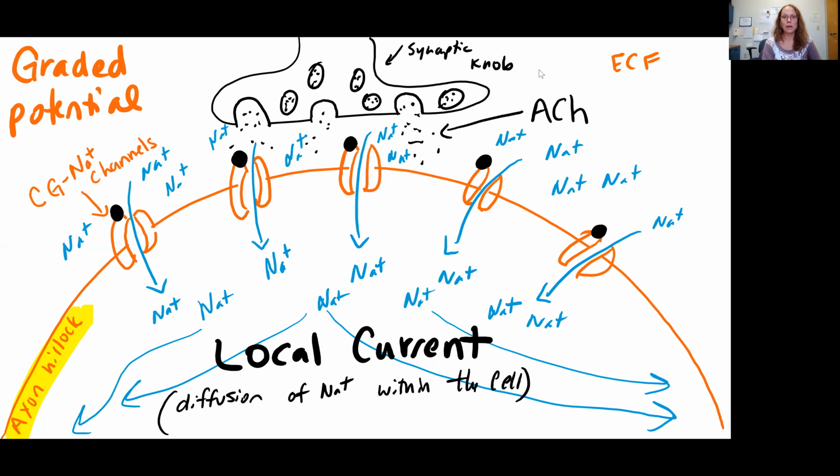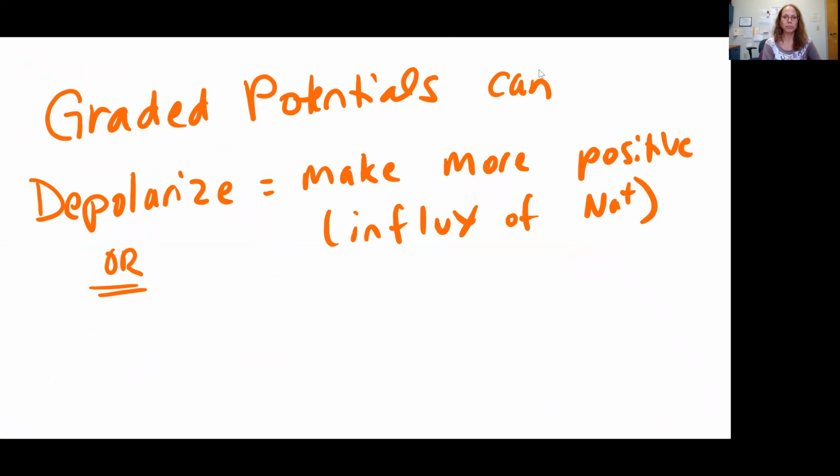What we see happening next is that that sodium is going to move through the cell, it's going to diffuse, and we call that diffusion of sodium inside of the cell local current. So it's not hanging out right there, right at the axon hillock where it comes in, but it is going to spread a little bit away from that. And that will come up later in our conversations.